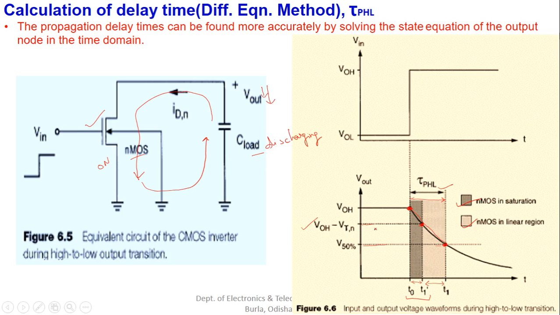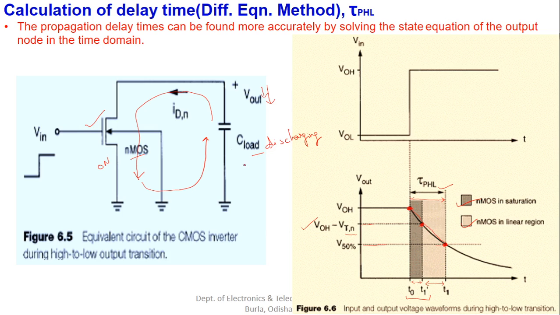This is all about the condition set by the threshold voltage, where VTN is the threshold voltage of this NMOSFET. So when the output falls below this level of VOH minus VTN, the NMOS switches into the linear region of operation.